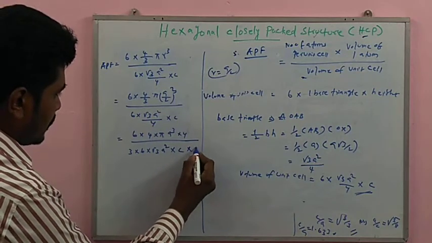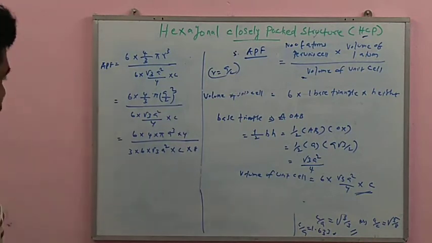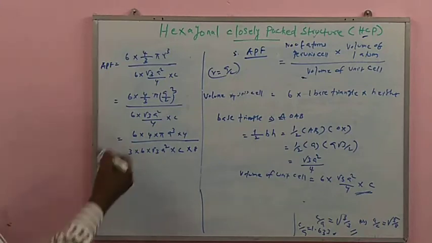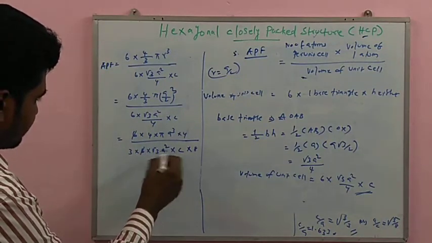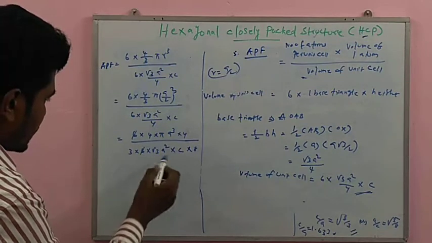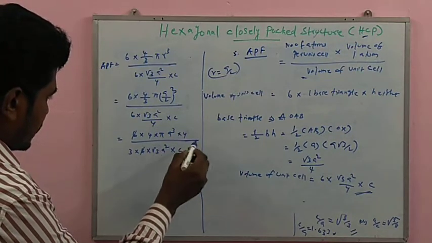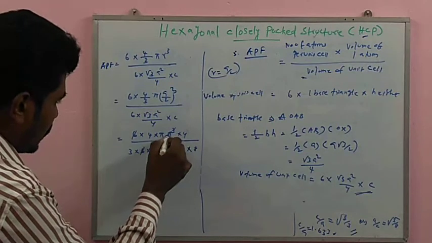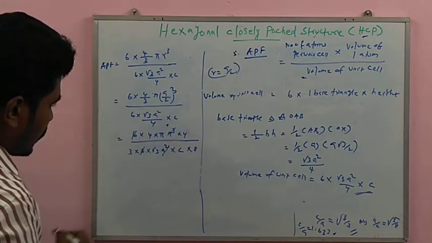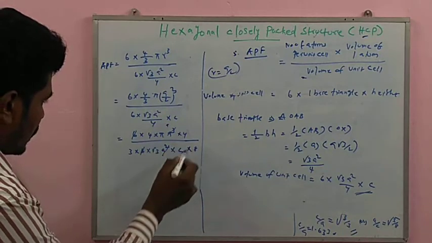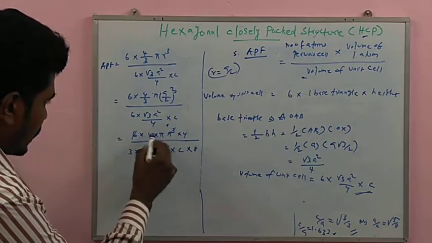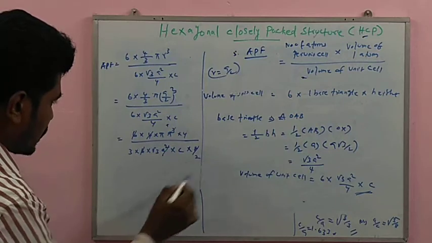So the 6 cancels with 6, and A cube with A square cancels, leaving one A. Then 4 into 8 gives 2 times.